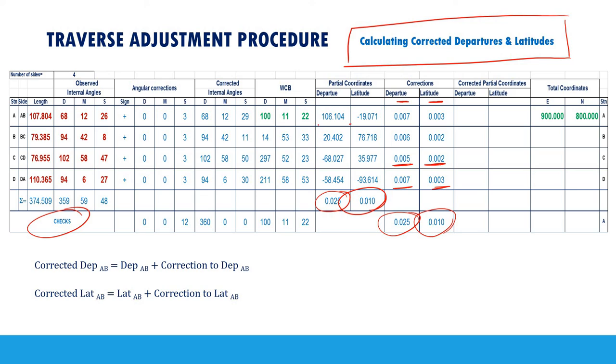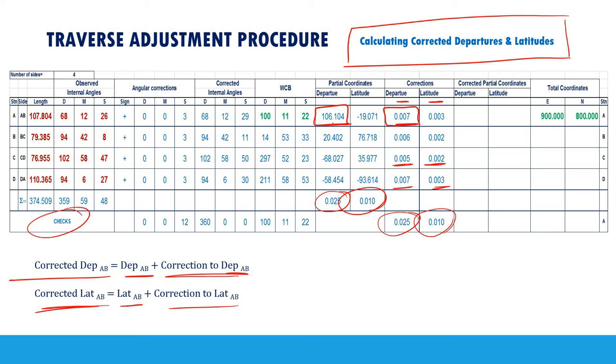For the departure, this is the departure value, and this is the correction to departure value. So the corrected departure is the departure value plus the correction, and the corrected latitude is the latitude value plus the correction. This is very simple.